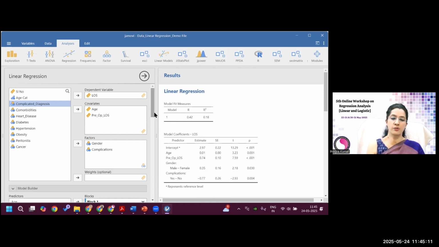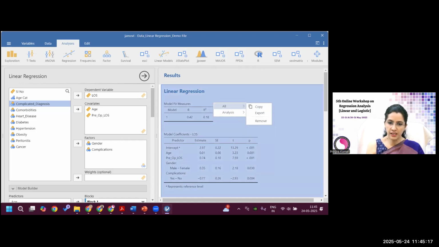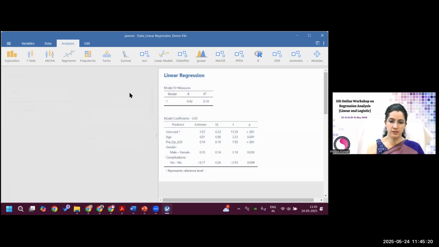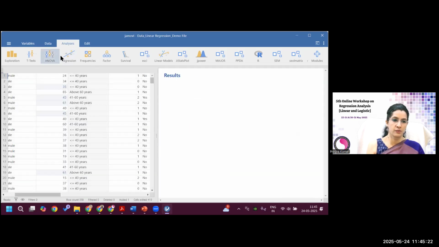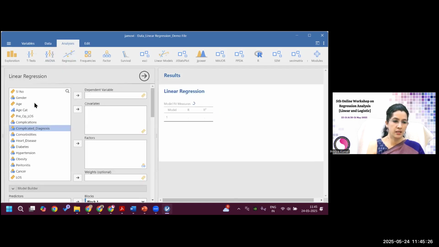Like if I want to see whether gender is a confounder or not, I'll select all and remove this. Again, I'll go to regression, linear regression, and move LOS here. Let's say I just want to see the effect of gender, so I'll put gender as a factor.